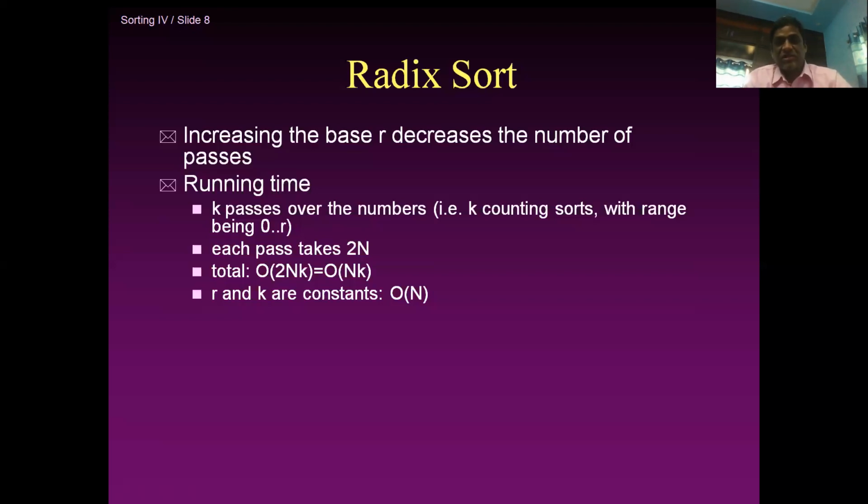Even though the list contains only a few elements, let us say three elements, assume the situation where only three elements are there, and one of these three elements is a very big number containing 15 digits. How many passes are required? You require 15 passes, right? So that is the difficulty with Radix Sort.